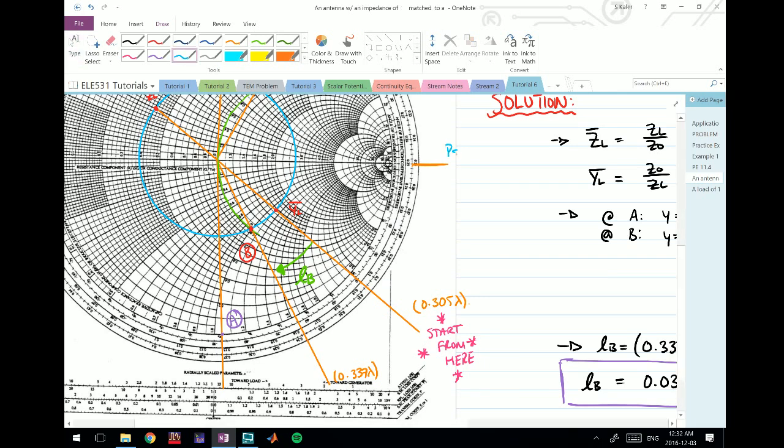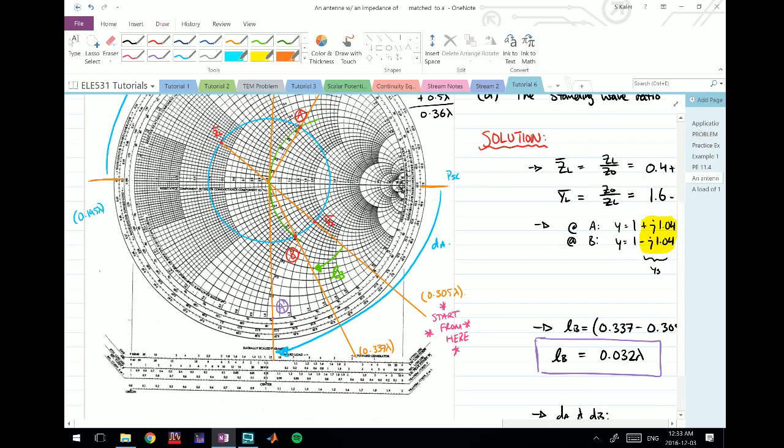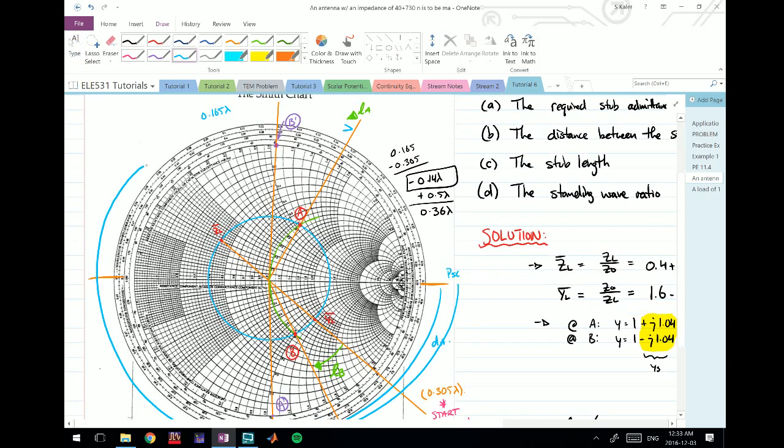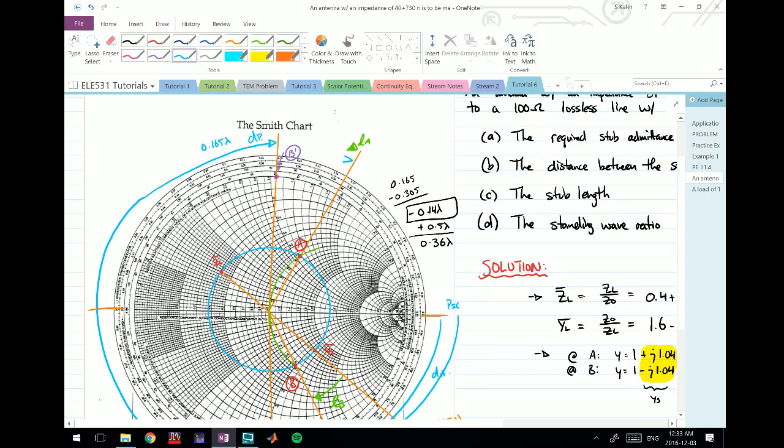So PSC is this point. I go from PSC to A prime. This is going to be dA. And if I go from PSC to B prime, this distance here is going to be dB.